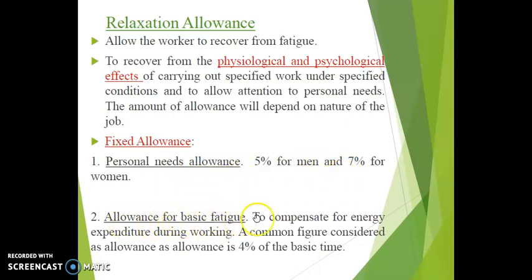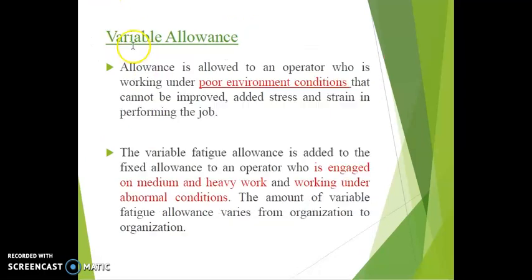Now allowance for basic fatigue. To compensate for energy expended during the working, usually this kind of allowance is 4% of basic time. This is a common measure considered for this allowance. Now let us see the next kind of allowance, variable allowance. In this allowance we consider if there are poor environmental conditions or there is heavy to medium work and there are abnormal working conditions.